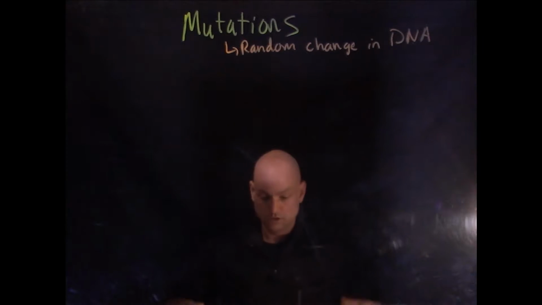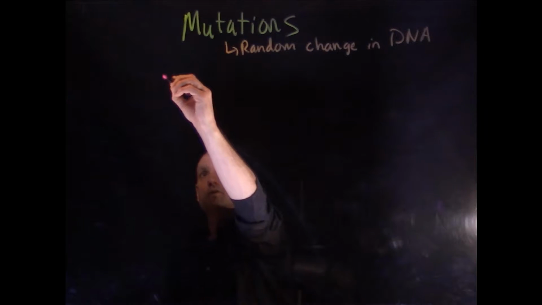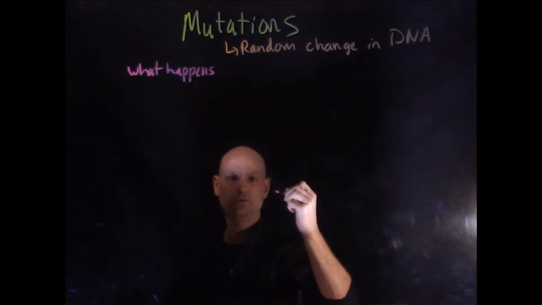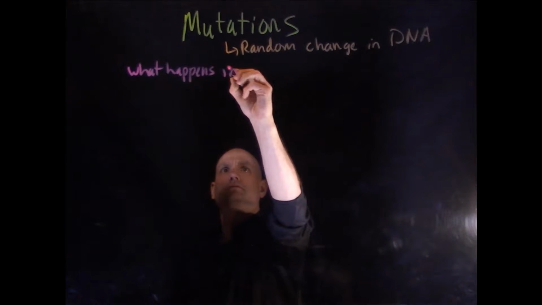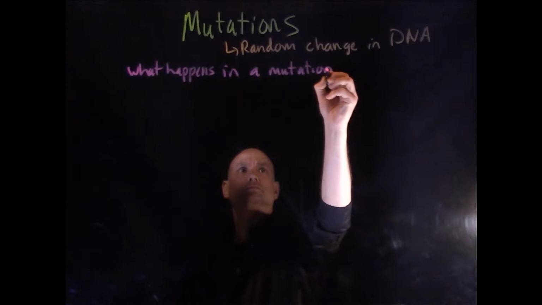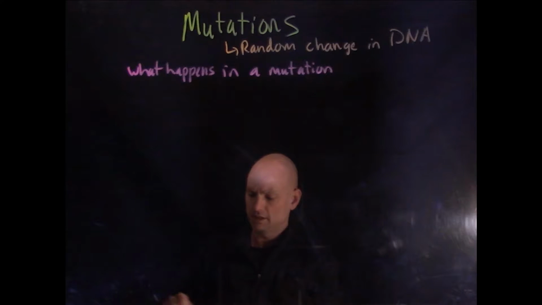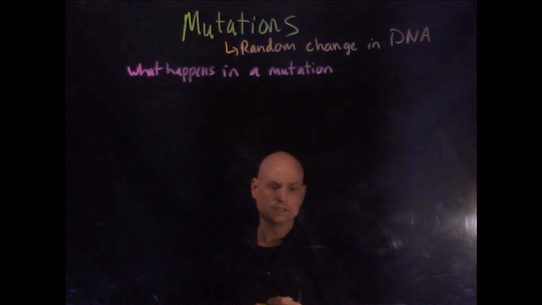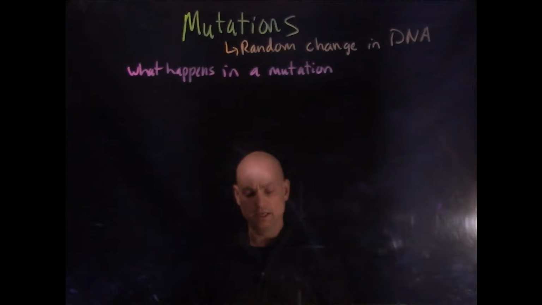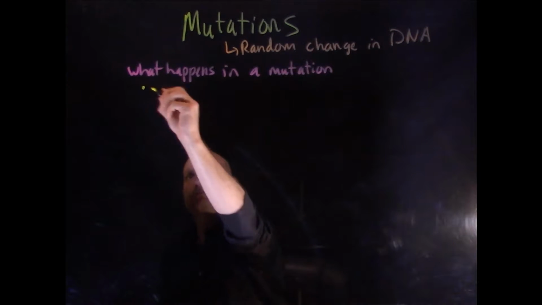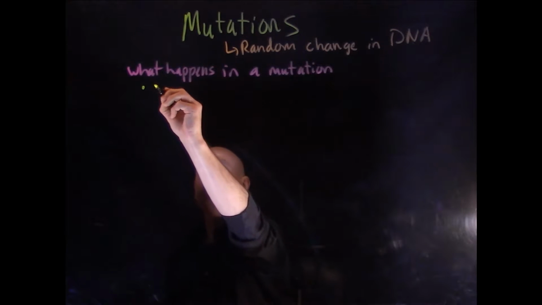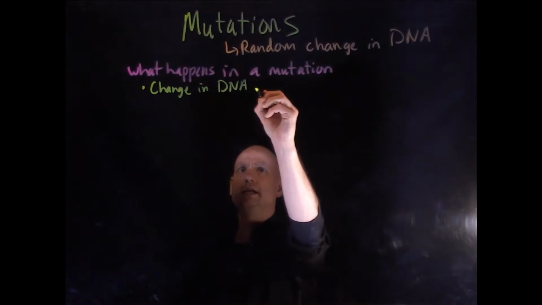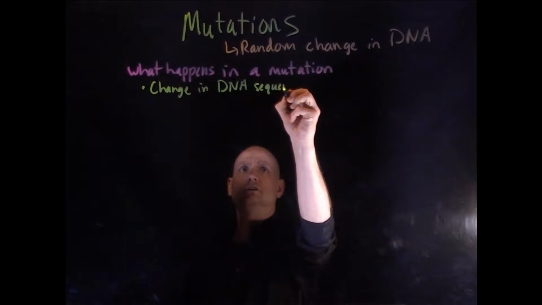Much better. Okay, so what happens when we have a mutation? There's a series of steps that take place. And I really want to walk you through those because we're going to keep bringing this up again and again and again. So first, we mentioned there's a random change in the DNA. And what are we talking about? The DNA sequence.